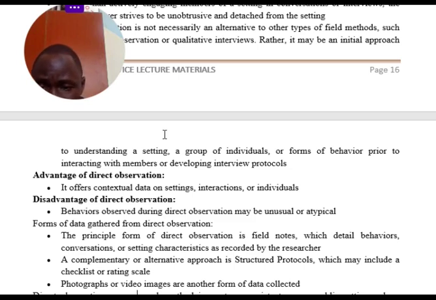When you look at the disadvantages, they are saying that behaviors observed during direct observation may be unusual, or may be atypical forms of data gathered from direct observation. What they are trying to mean is that the behaviors of the observed information may be atypical.